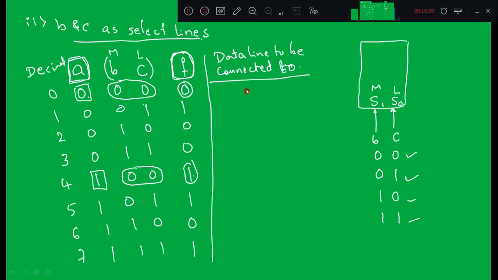So for these two combinations, D0 is equal to A.